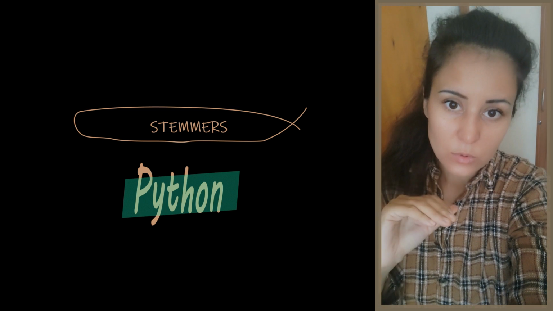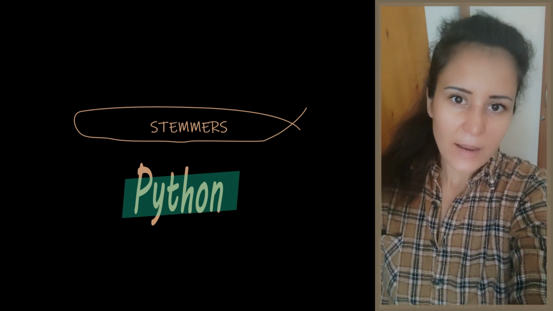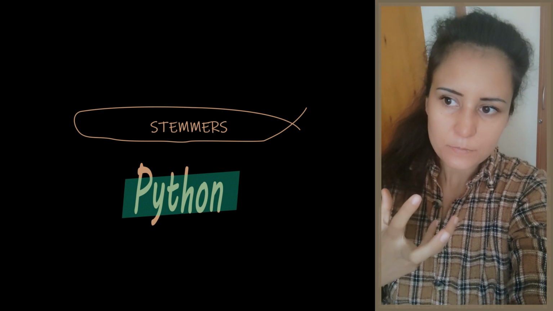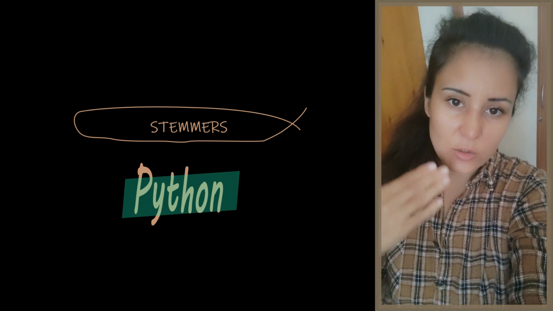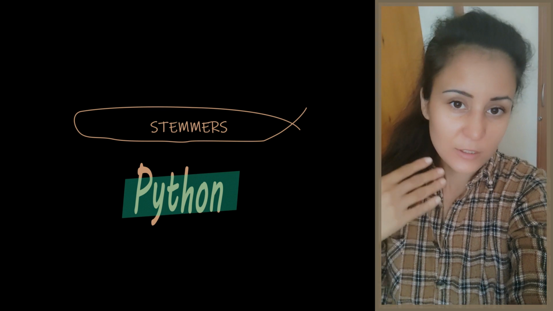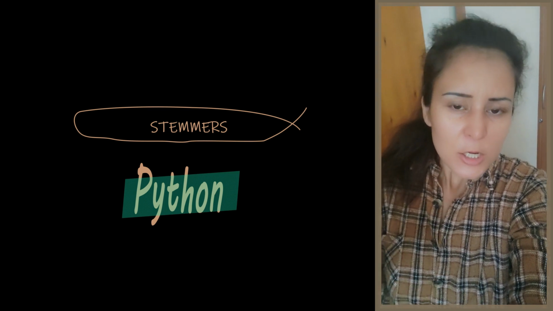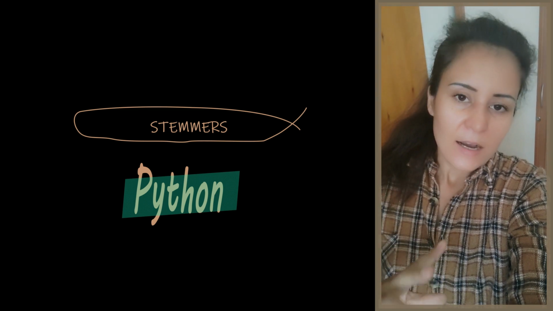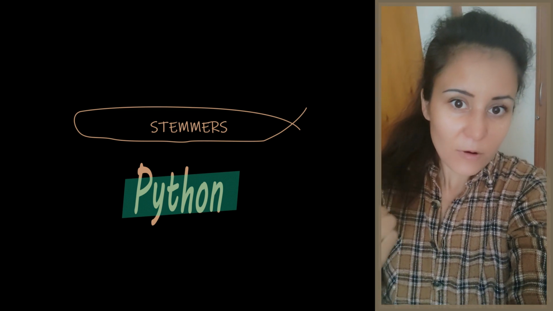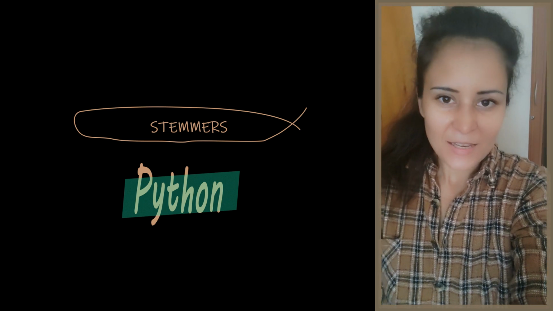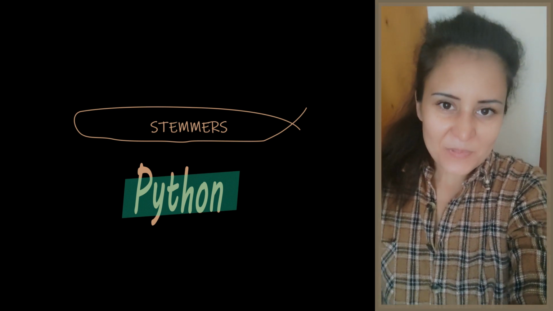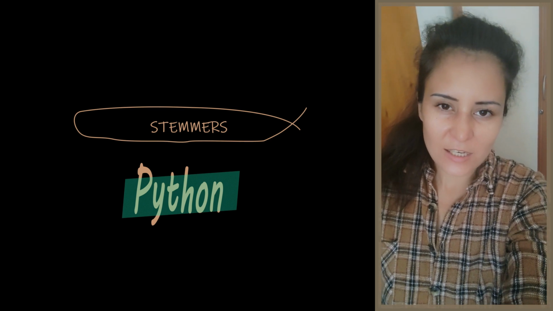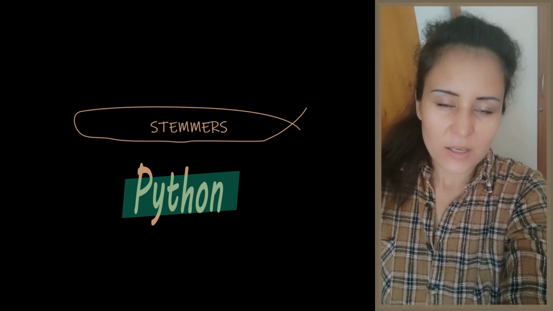Stem means root. You know, the language, the dictionary we use, or let's take the list of the vocabulary, the list of the words in our vocabulary. The root of these words we are consuming is derived from other languages. So the root of them may not exist in the English language, for example.